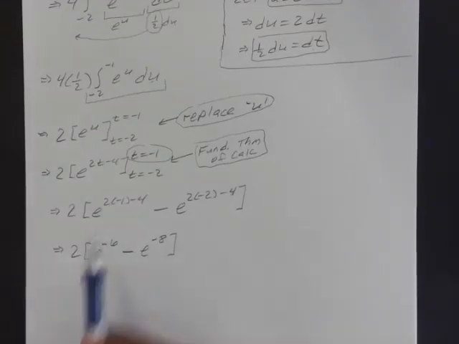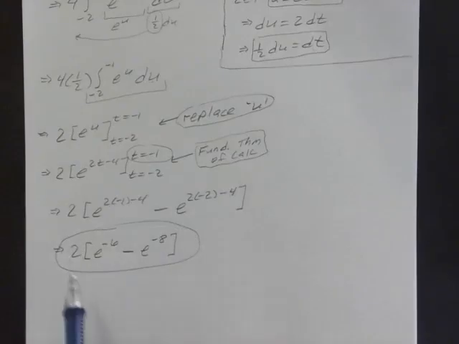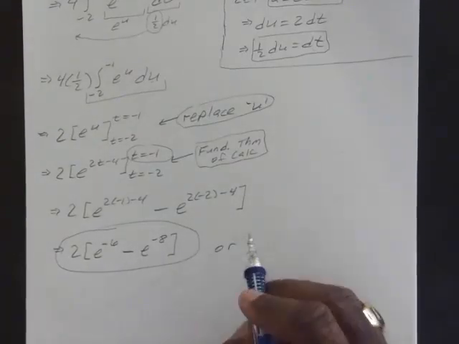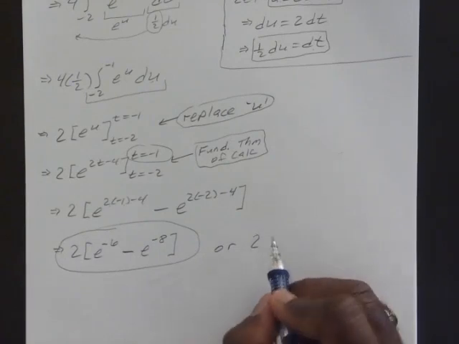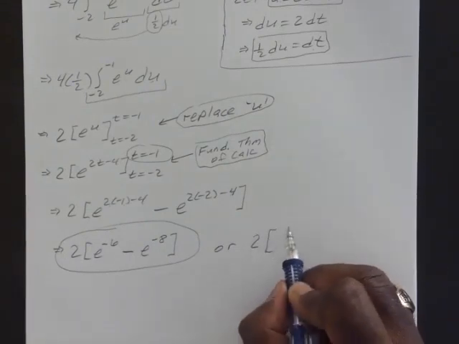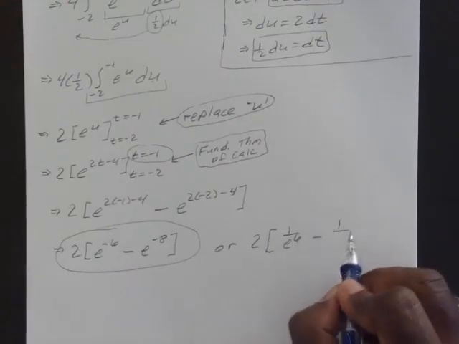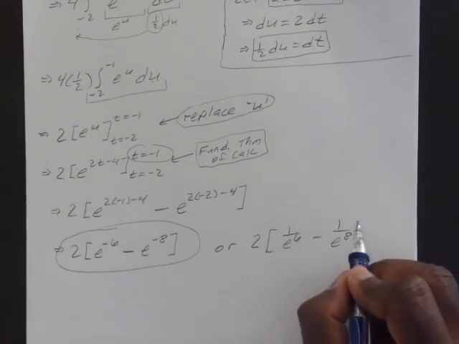Okay, so this is the exact form, but again, I'm not sure how Newton would feel about negative exponents, so you can rewrite it as 2 times 1 over e to the power of 6 minus 1 over e to the power of 8.